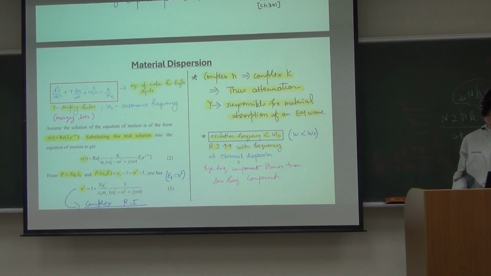Because this epsilon is going to be equal to complex permittivity epsilon 0. This relative permittivity is going to be a complex number. So this is 1 plus chi e, and this is a complex number, right? So you're going to generate this. But this chi e is a function of frequency.